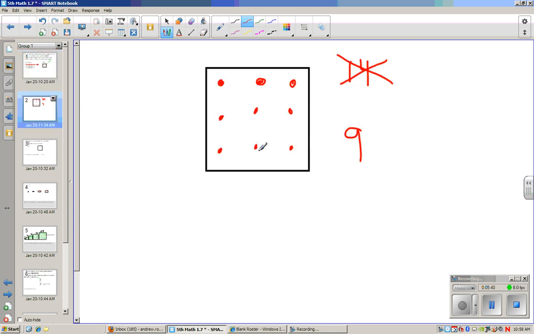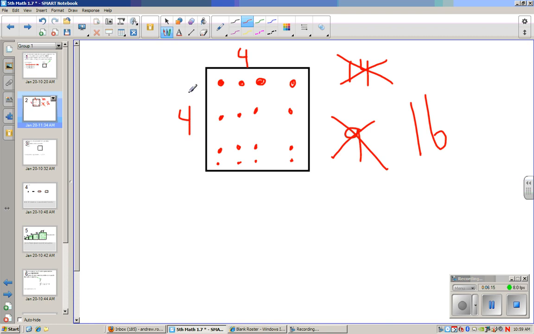Now 16, well, we kind of answered that, didn't we? Because if I add another dot in here and give myself 4 in each row, and then I add another dot down here and give myself 4 in each row and 4 in each column, that's not 9 anymore, that's 16. So I have a 4 by 4 array.